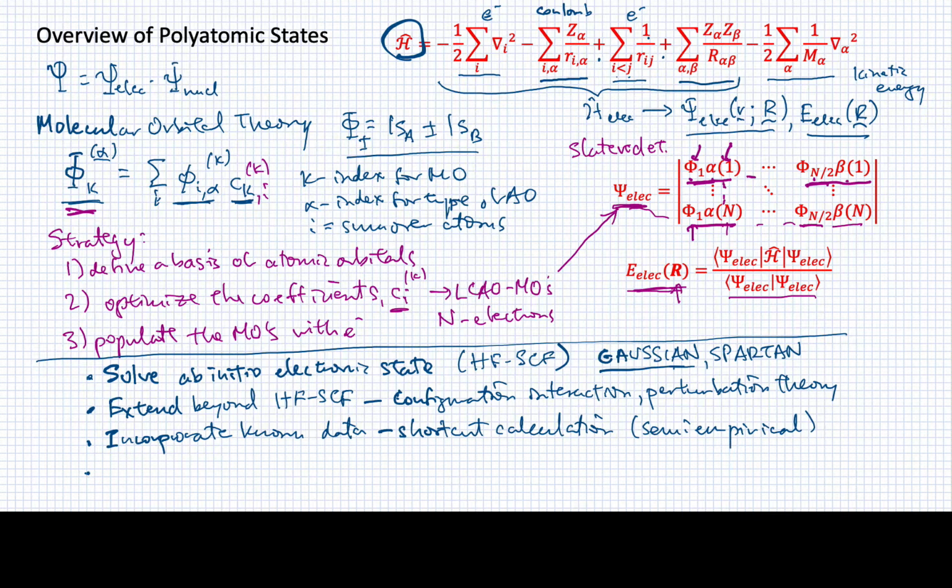Another way that one approaches some of the problems in polyatomic molecules is to simply use mathematical functions to represent the coordinate dependence of these eigenvalues. In other words, we're just going to say, you know, this thing vibrates like a harmonic oscillator.